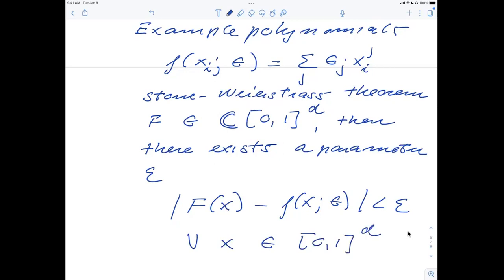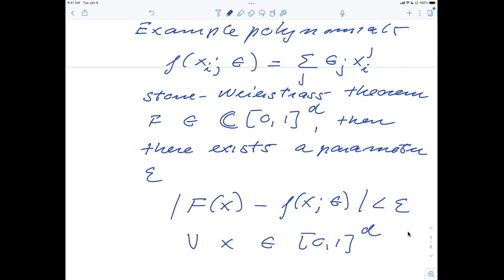So this epsilon is now a parameter, so we can fix a reproduction of the data which we want with a polynomial to a given precision. This is an example of a typical classical approximation theorem where we have used a polynomial, and the Stone-Weierstrass theorem simply says that we can approximate this function with a polynomial to a given precision epsilon.